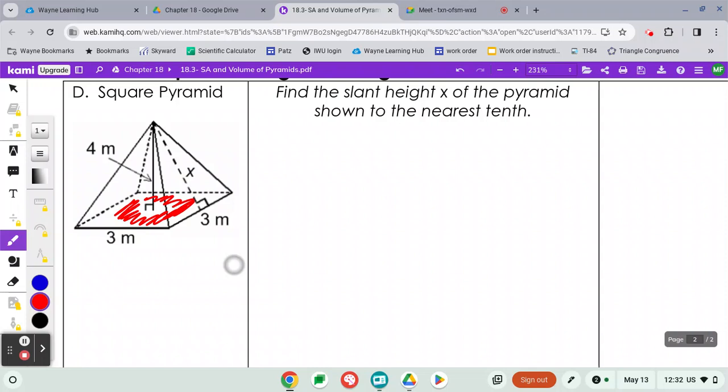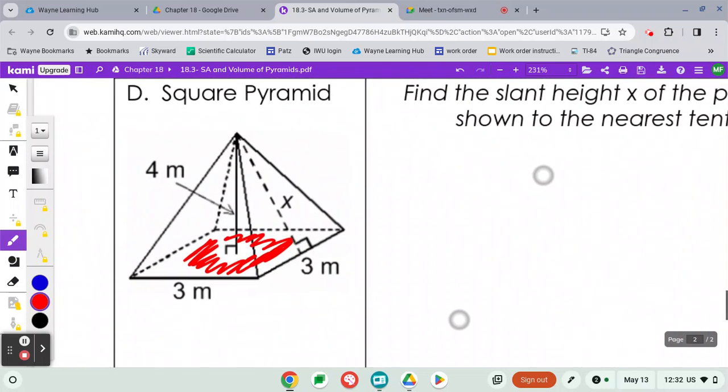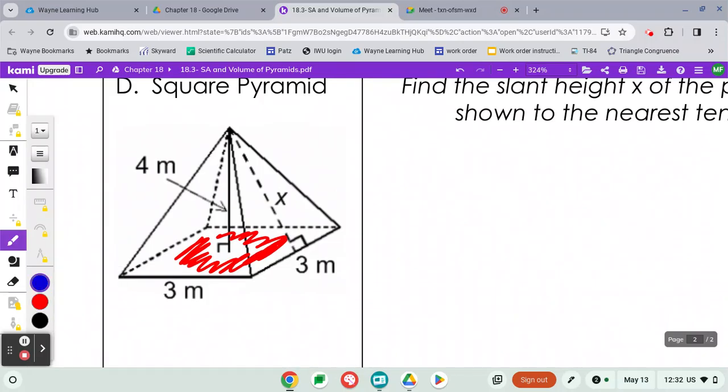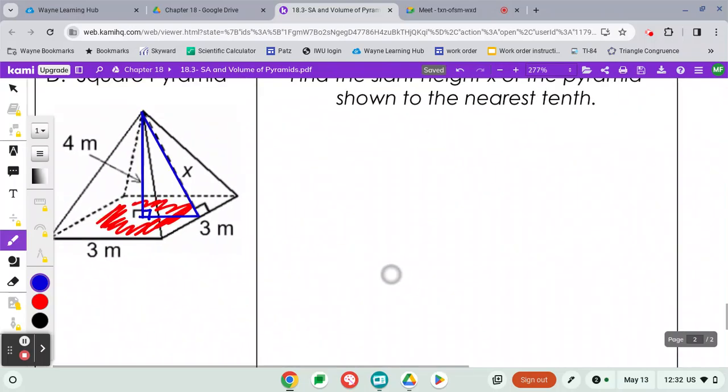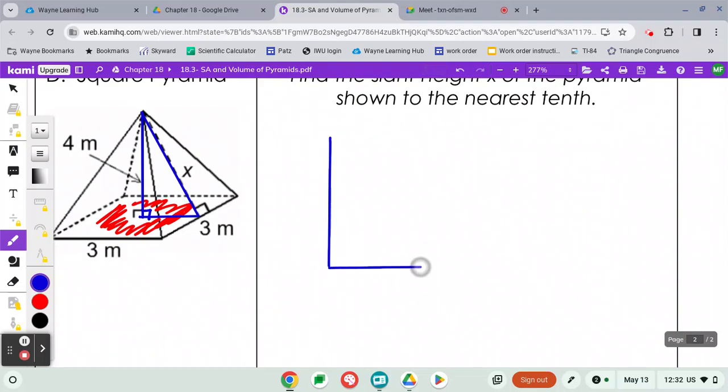Okay? So, to do that, let's start off by, I'll switch to blue here so we can see it. The height here, we know. We don't know the slant height. What shape is this? We already talked about it. A right triangle. Okay, so let's draw this right triangle and try to figure this out. Now, the height is easy, right?